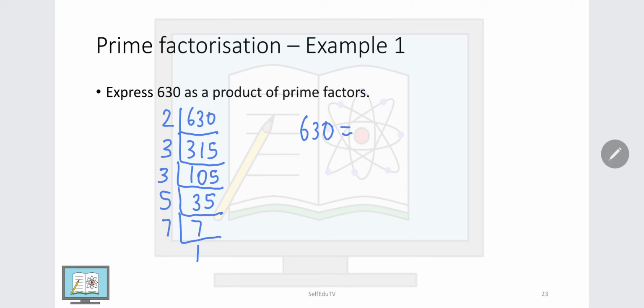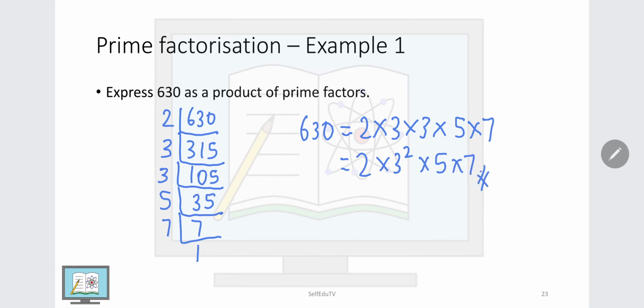So 630 is 2 multiplied by 3, multiplied by 3, multiplied by 5, multiplied by 7. I can rewrite it as 2 multiplied by 3 square, 5 and 7. 3 times 3 is 3 square. So this will be your final answer.